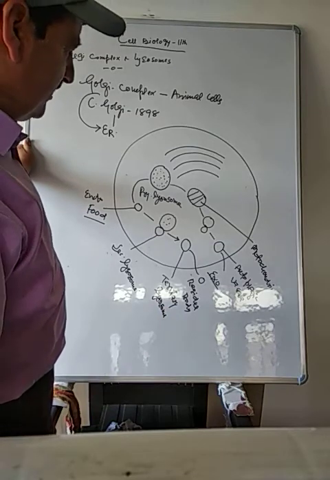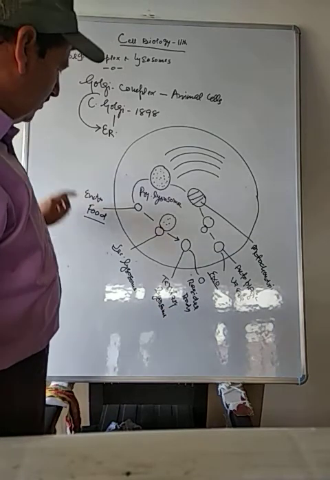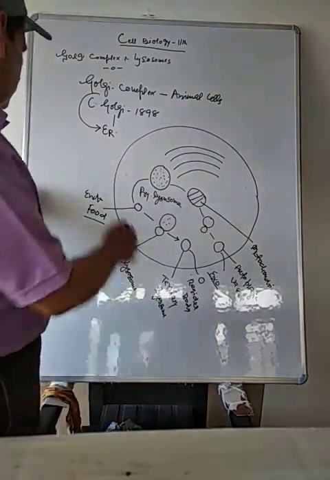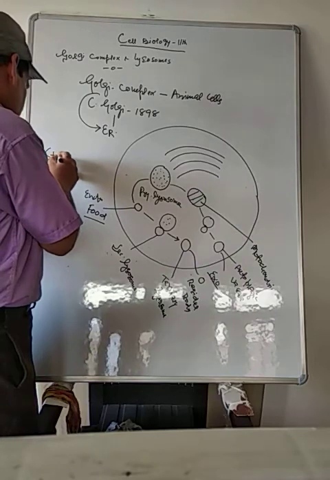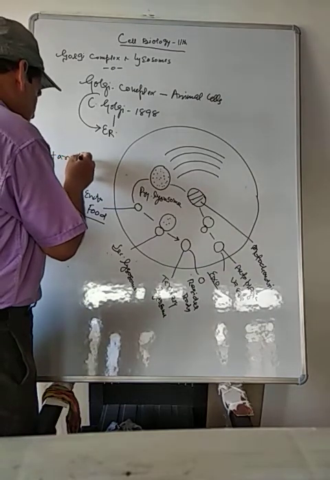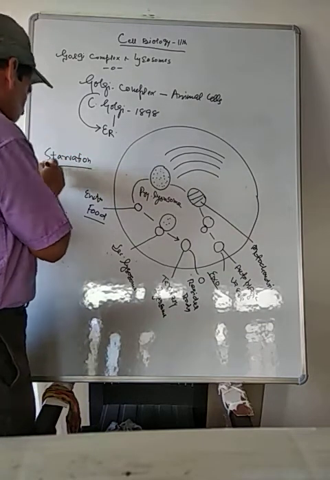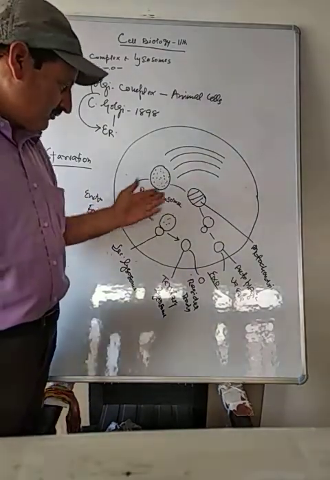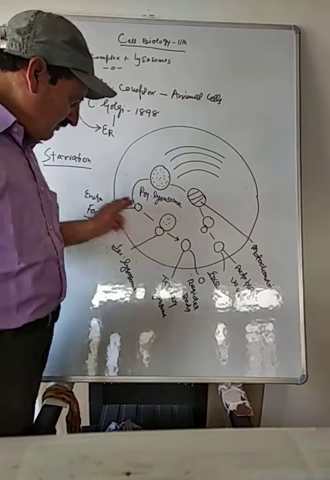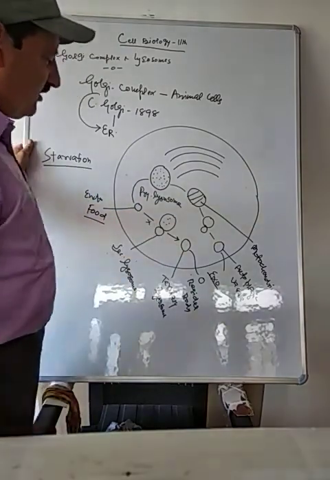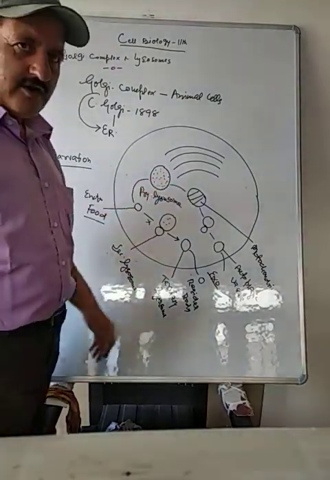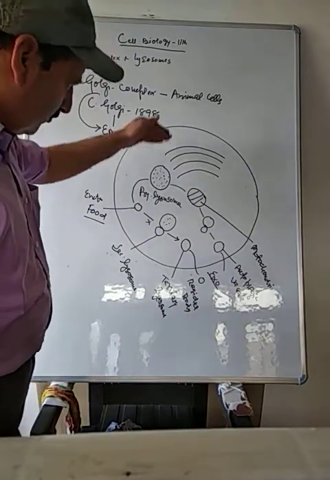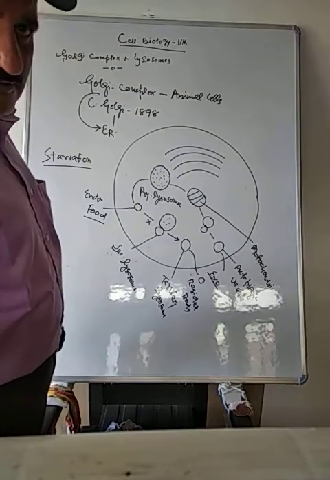But one problem is here, that if a cell is not provided food, that means starvation. Starvation means food is not available for many days to a person or an animal. In the first instance, the worn out or aged material can be used, since the formation of lysosome is a continuous process.